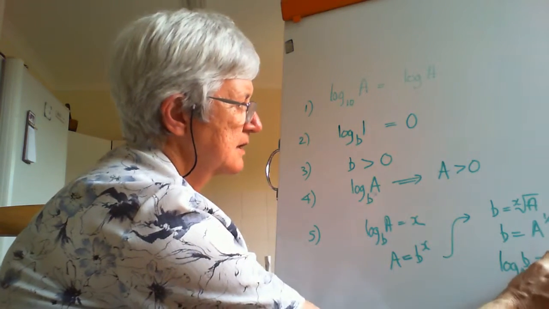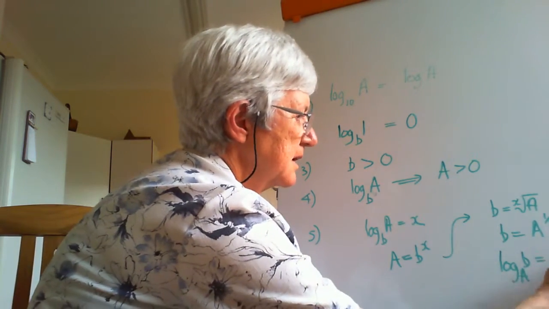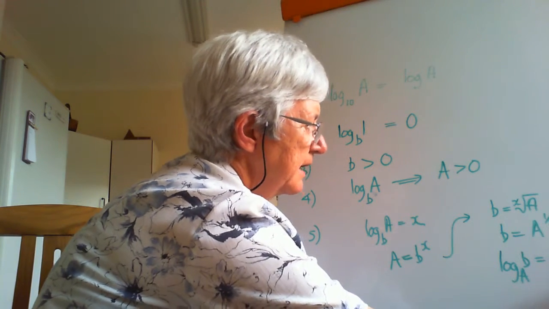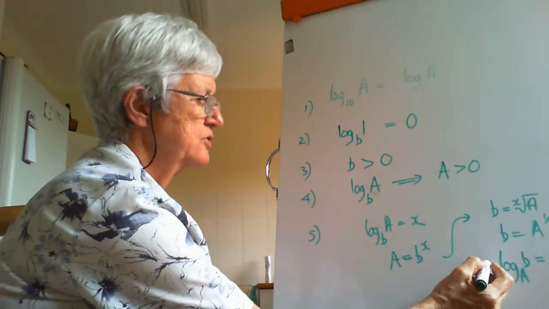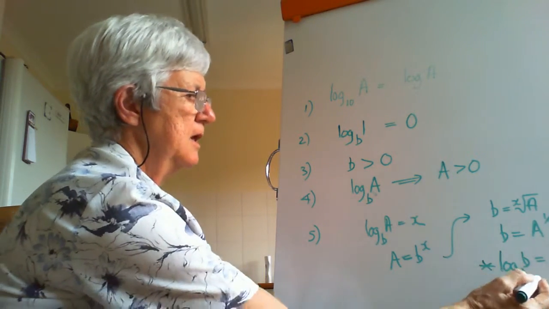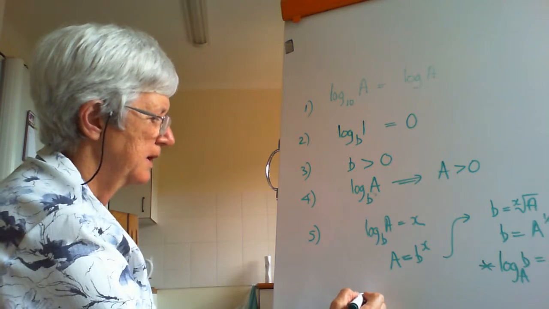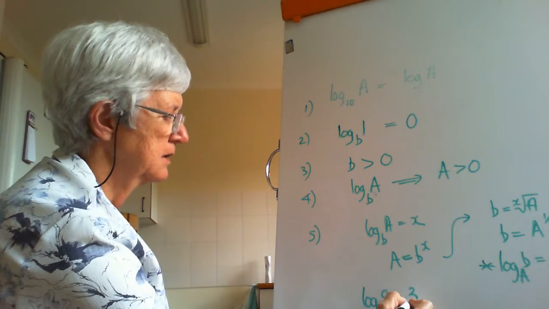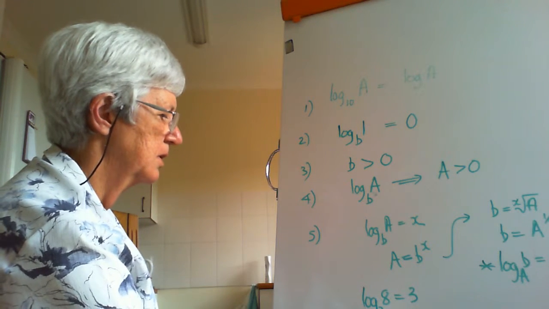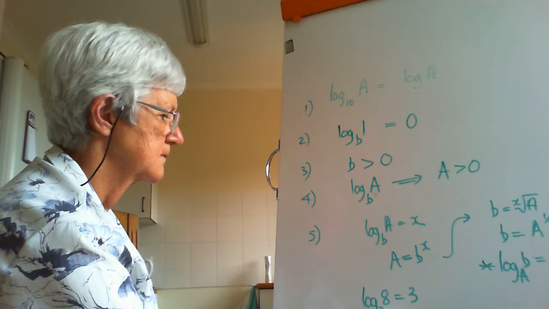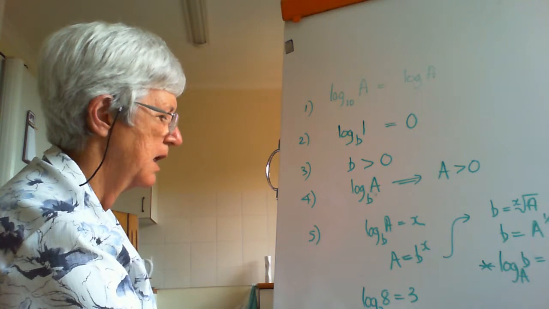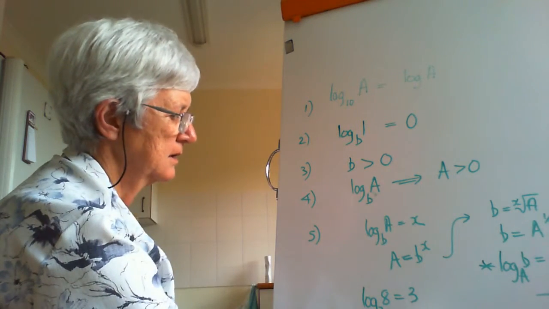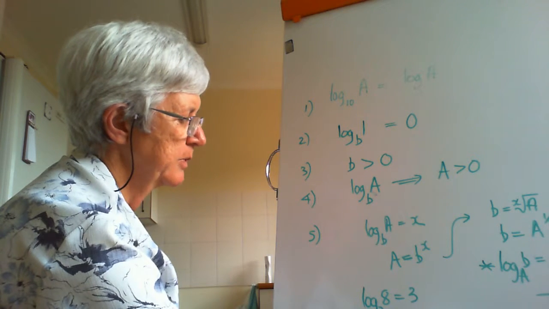So if you notice that there, it's 1 over log to the base b of a. That's a very useful fact. In other words, if we take a numerical example, if I tell you that the power of 2 which gives you 8 is 3, and then asked you what power of 8 gives you 2, by this fact here, you should see that it will be 1 over 3.